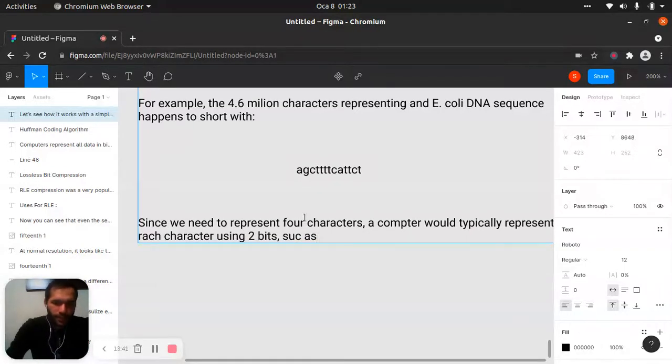Such as, like what? We have four characters, and how can we represent them with bits? Just think 0 0. We can think like that.